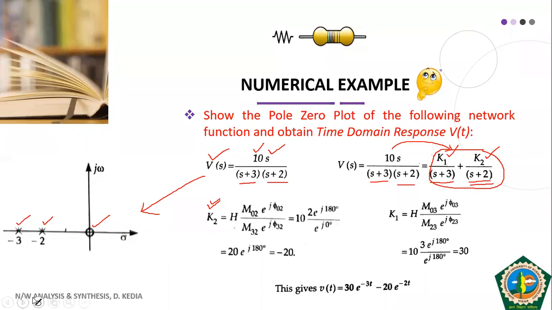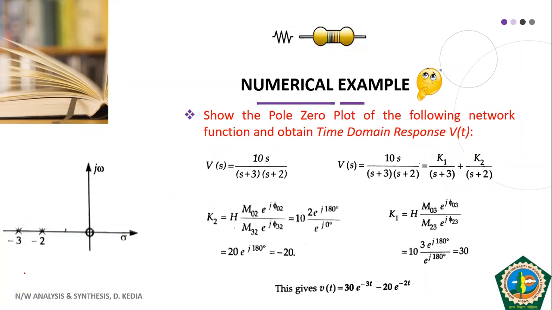Let me erase all the ink, then it will be very clear. First we are calculating k2 for the pole s equal to -2. So we will identify the pole -2. Now we have to calculate the distance of this pole.